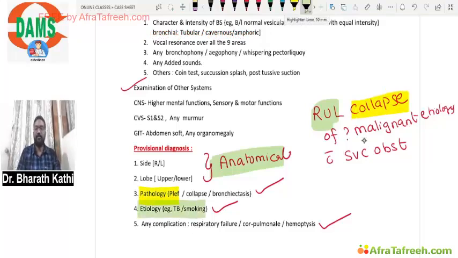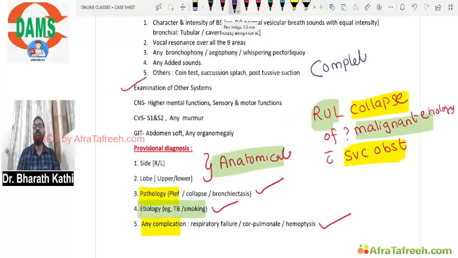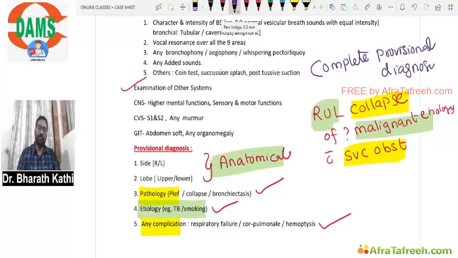The etiological component is malignancy, whereas the complication here is SVC obstruction. So this should be the complete provisional diagnosis.